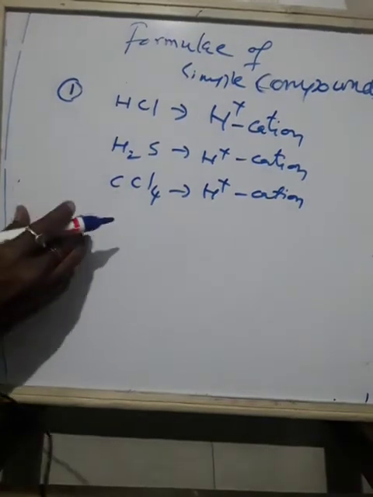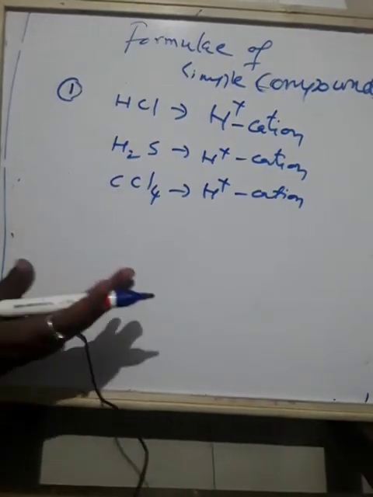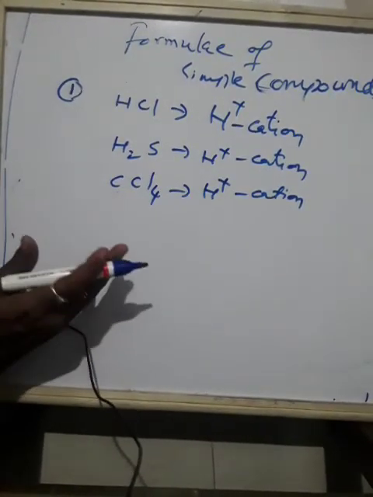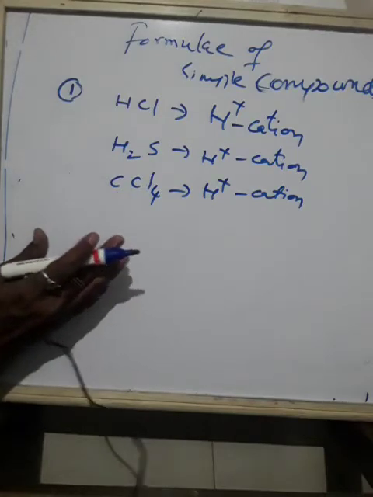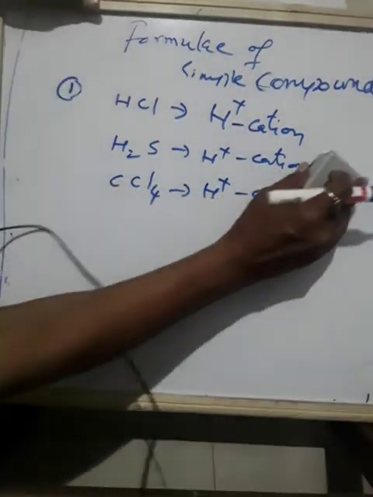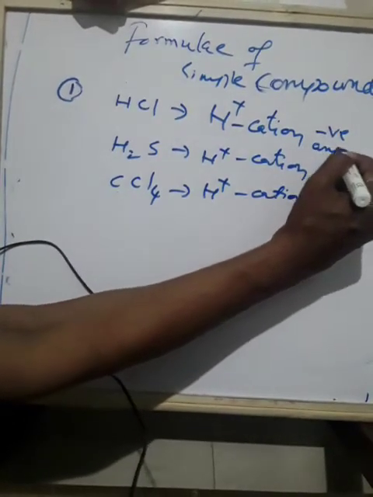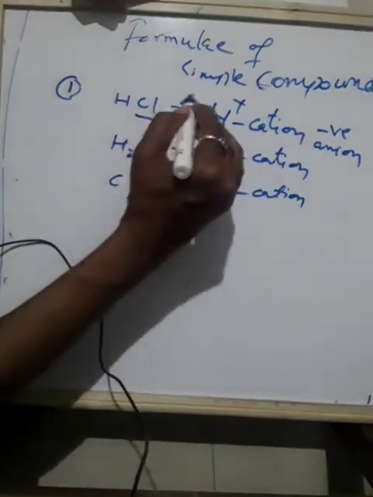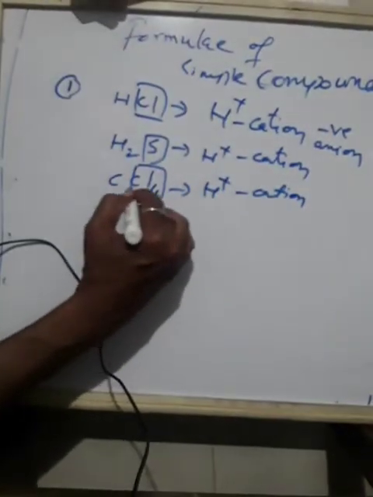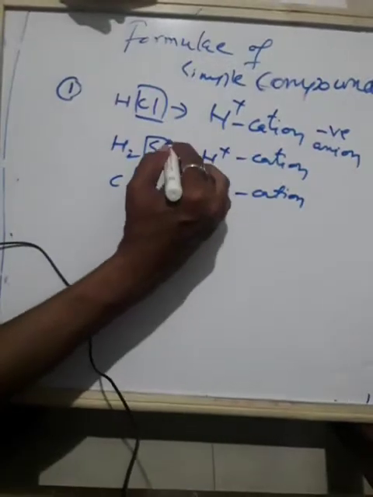Negatively charged elements are called anions. Whoever is having negative charge, they are called anions. That's why I told there is crisscross. Sulfide is negative in charge. Chloride is negative in charge. So these are anions. So initially we wrote this.